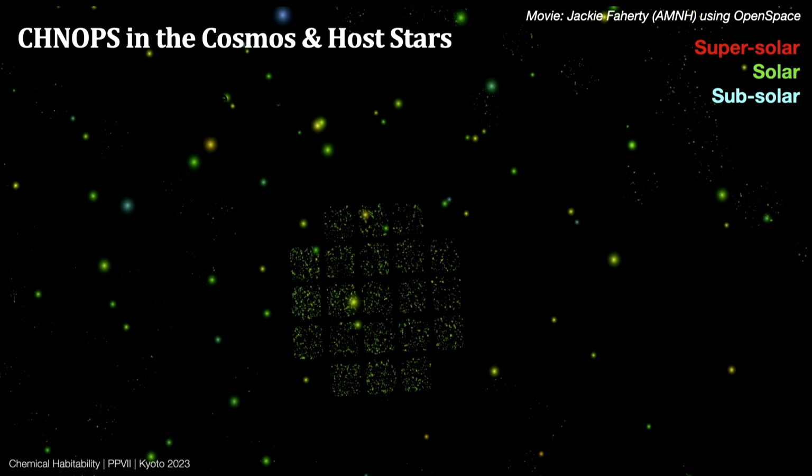Zooming out, the SCHNOPS elements have these different nucleosynthetic origins in stars that vary in abundances and proportions as stars are born and die and move across the galaxy. Here in this movie, I'm going to show a plot of stars with abundances measured from the APOGEE and GALAH spectroscopic surveys. The Kepler footprint is here, as you can see, and the stars are color-coded by their metallicity, whether solar, subsolar, or above solar.